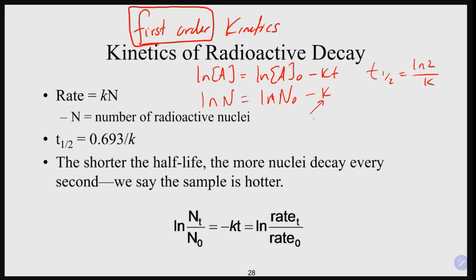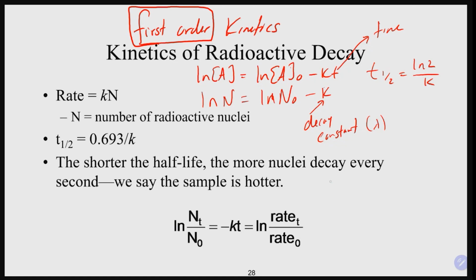They call this the decay constant in nuclear chemistry, but it's the same thing as the rate constant in kinetics. And a reminder that when we see T here, that's actually time, not temperature. So again, sometimes the lambda symbol is used for the decay constant in nuclear chemistry because they like to use their own things.